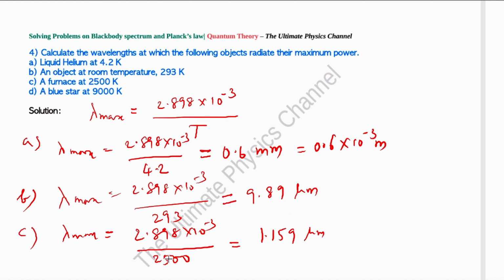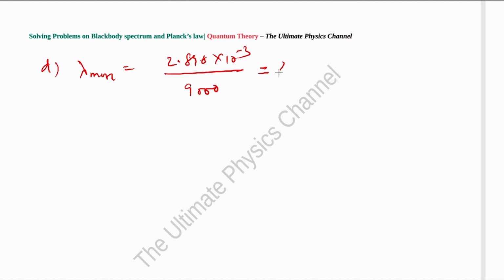And then the final one is the 9000 Kelvin blue star. So in this case, lambda max is equal to 2.898 into 10 power minus 3 over 9000 Kelvin. That, if you work out, you would get about 3.22 into 10 power minus 7 meters, or 322 nanometers.